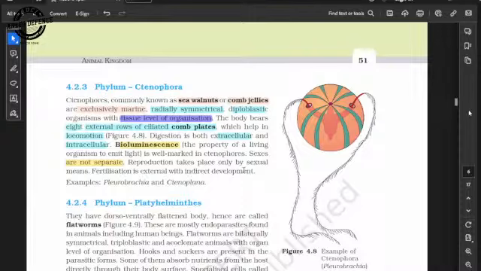So reproduction takes place by sexual means. Examples, Pleurobrachia and Ctenoplana. What about fertilization? Obviously external, and development is indirect. Make a table for this.